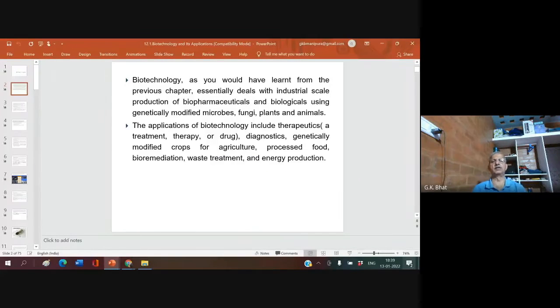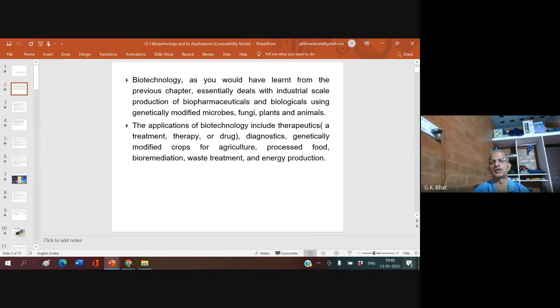As we have learned from the previous chapter, biotechnology essentially deals with industrial scale production of biopharmaceuticals and biologicals using genetically modified microbes, fungi, plants, and animals. We are using them for our benefit.